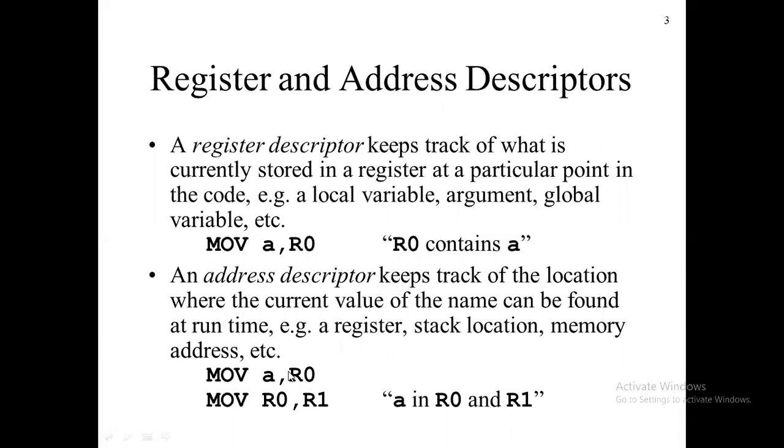The value of a is moved into the register r naught. Then you are moving r naught into the register r1. Here, the value of a is stored in both register r naught and r1. So you can update the address descriptor: a is in r0 and also in r1.